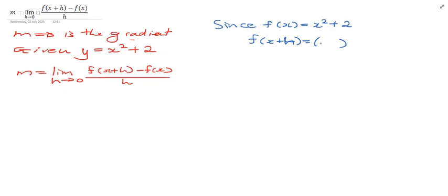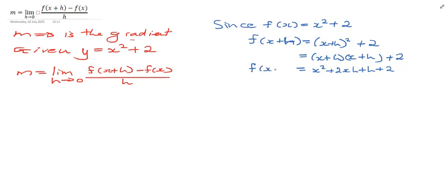So wherever we see x, we're going to replace it with x plus h, plus our constant 2, and we're going to simplify this. So it's x plus h squared plus 2, which gives us x squared plus 2xh plus h squared plus 2. So that's our f of x plus h, meaning that we're going to plug it in there.